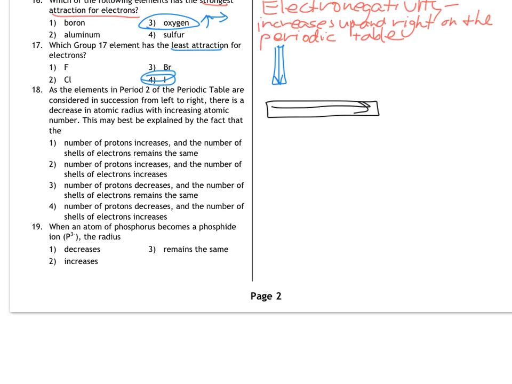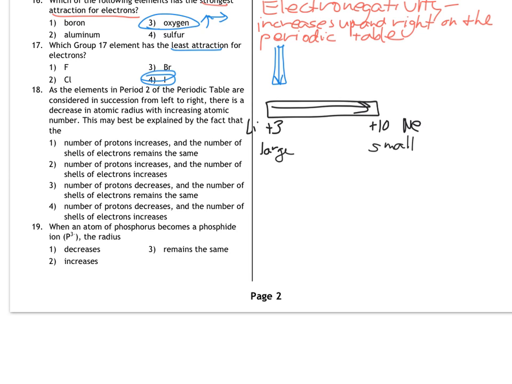So we start over here in period 2 with lithium, whose atomic number is 3, and we end with neon, whose atomic number is 10. So that explains their atomic number, but there's also a decrease in radius. So lithium is large radius, and neon is small.